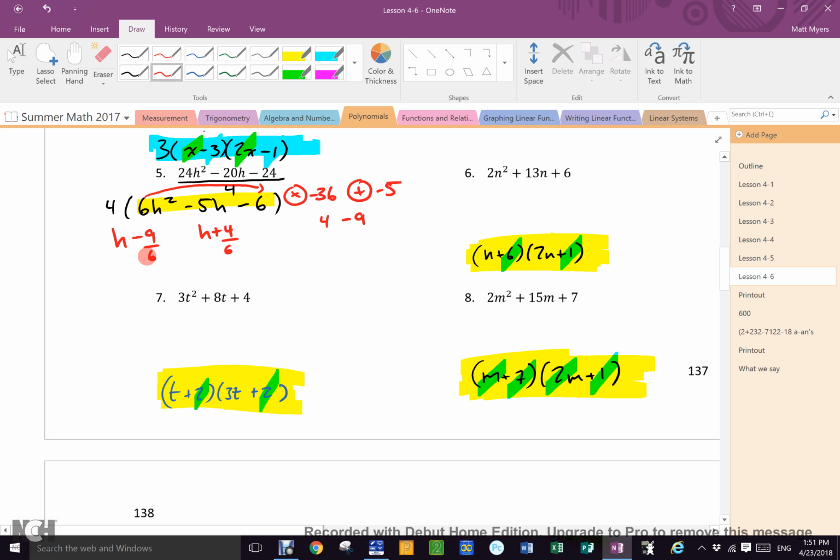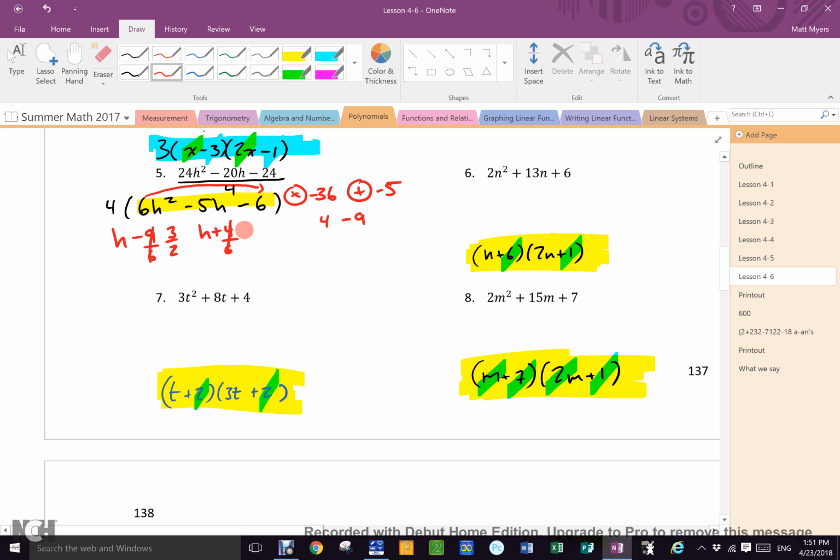Would you ever leave that fraction? What would you do with 9 and 6? They both divide by 3. So I would get 3 over 2, correct? What would you do with 4 and 6?